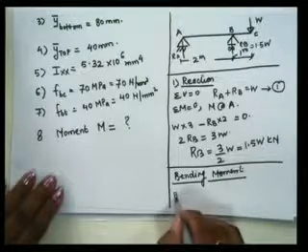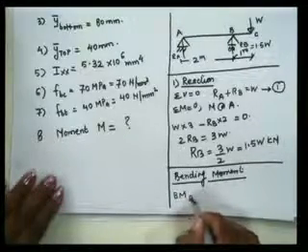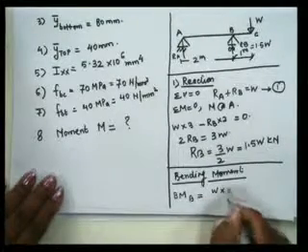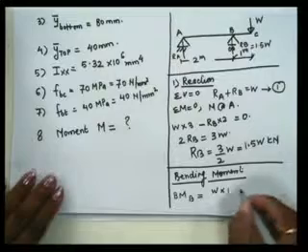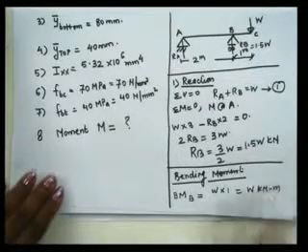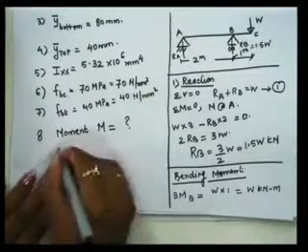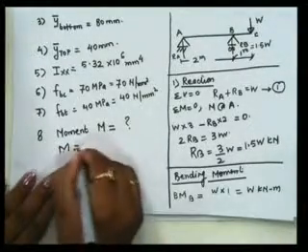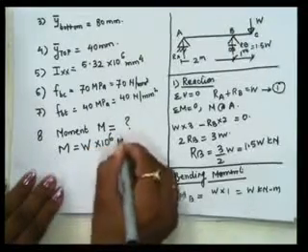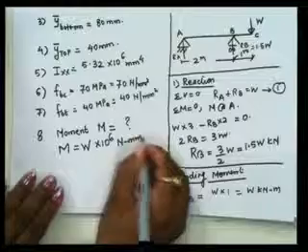Bending moment at point B will be equal to W into 1 meter. So that is W kilonewton meters. So we have calculated M is equal to W into 10 to the power 6 Newton mm.